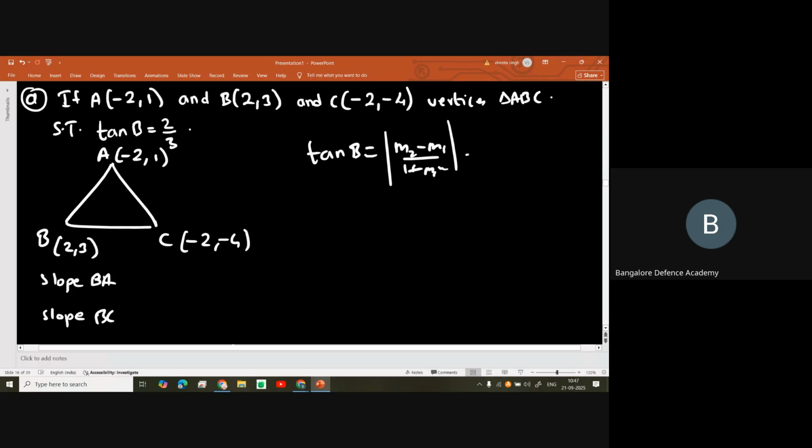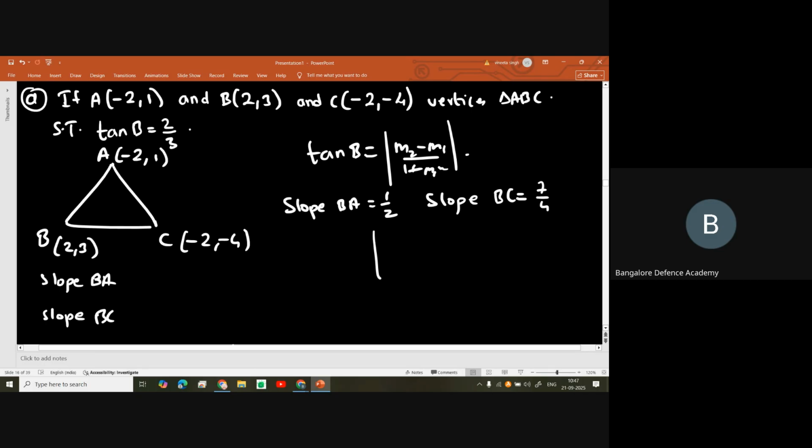What is the slope BA you guys are getting? 1/2. Slope BA, sir, 1/2. Slope BA will be 1/2 and slope BC is 7/4.